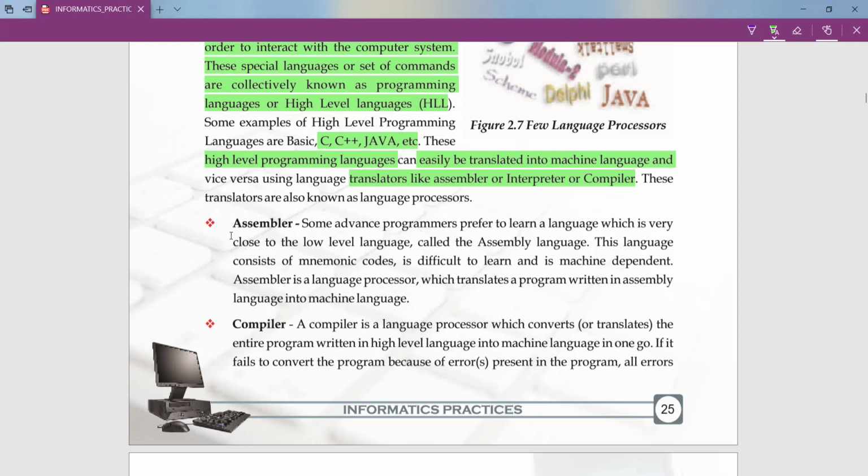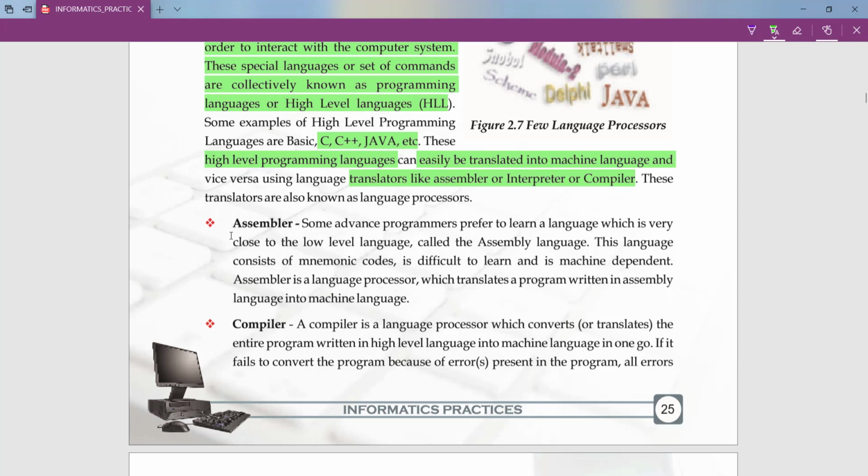Students, we have one more language, assembly. This language is nearest to machine language, which means most instructions are written in code formation, in number formation. So this is the language nearest to the machine. It is a combination of machine and our high level language.